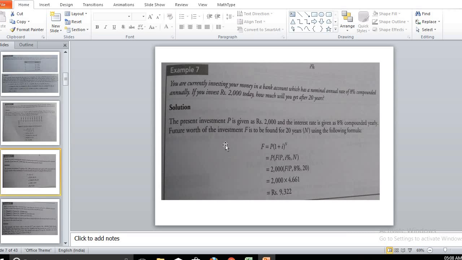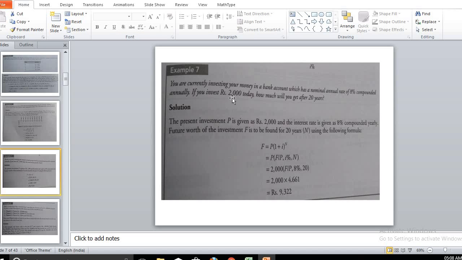The present investment P is given as 2000, and the interest rate is 8% compounded yearly. In this example, you are investing your money in a bank account with a nominal annual rate of 8% compounded annually.